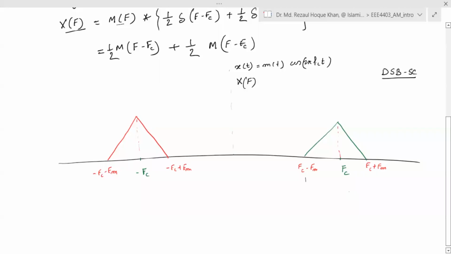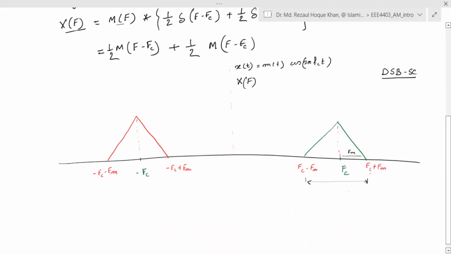From here to here, this is the total passband bandwidth of this modulated signal. f_c plus f_m minus f_c will be f_m, right?